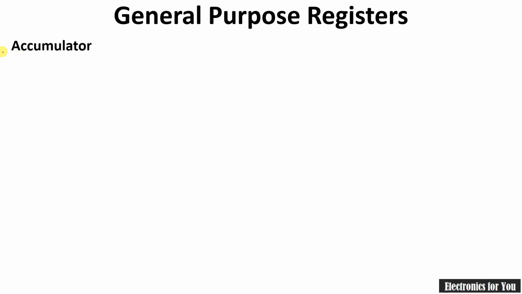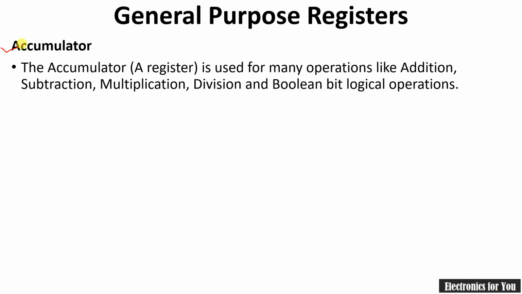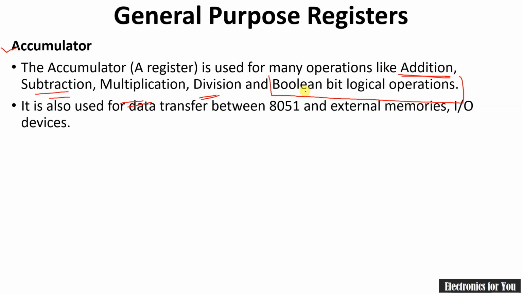Now the first register, as previously stated, is nothing but the accumulator. Accumulator is one of the most important registers of 8051. It is used for arithmetic operations like addition, subtraction, multiplication, division, etc., and other logical operations can also be performed by using the accumulator. Also note that this accumulator is bit addressable as well as byte addressable, which means you can access each and every bit of this accumulator.